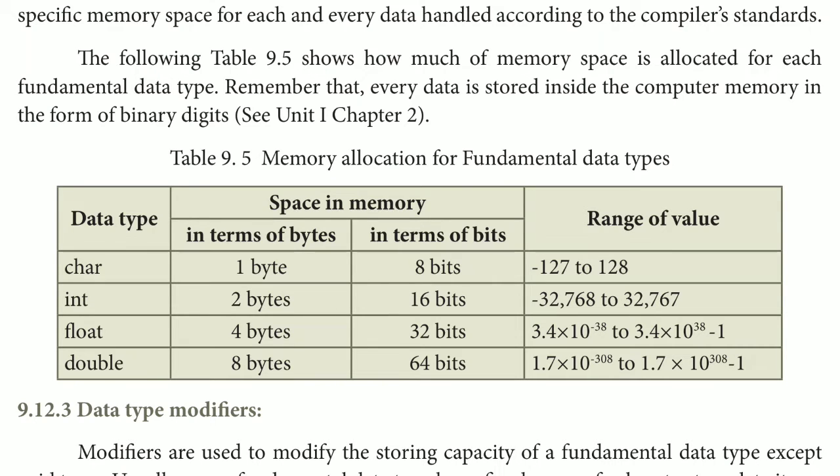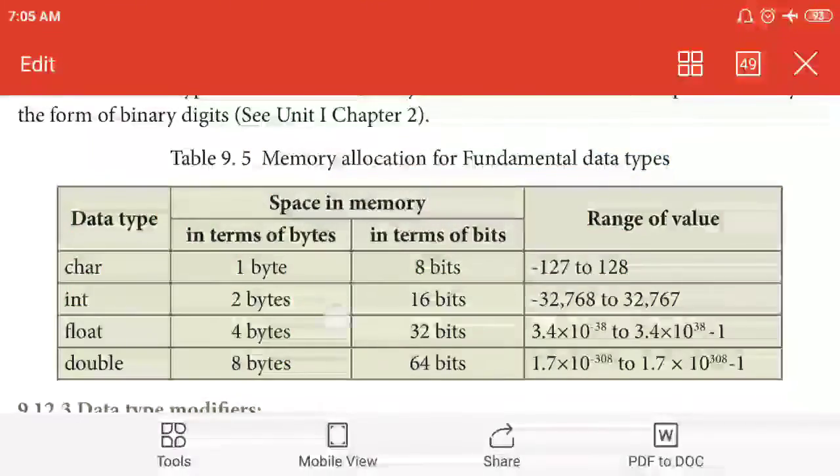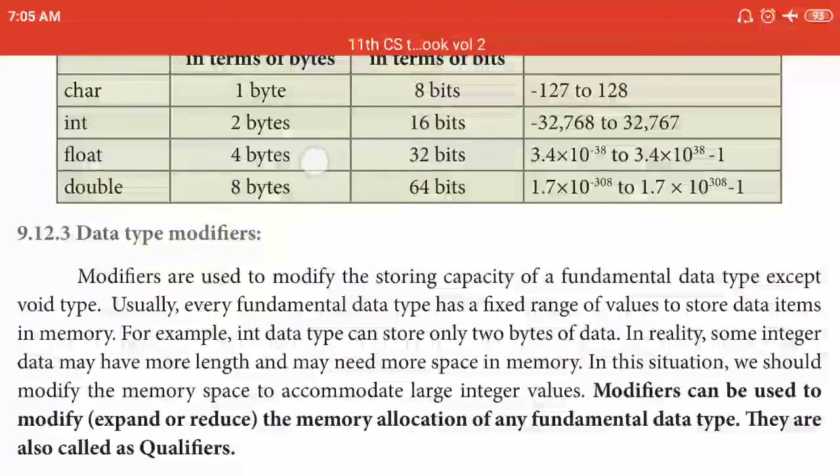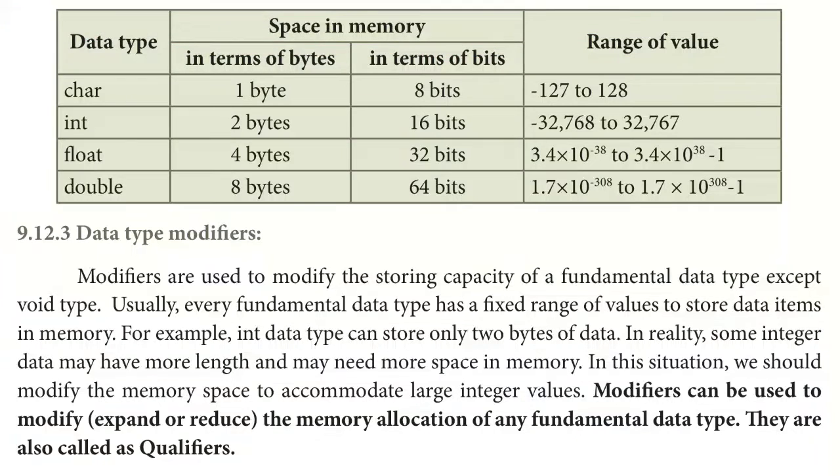Next, you can see the data type modifiers. Modifiers are used to modify the storage capacity of the fundamental data types except void type. A modifier is nothing but a keyword that can be used before the fundamental data types like character, integer, float, and double.